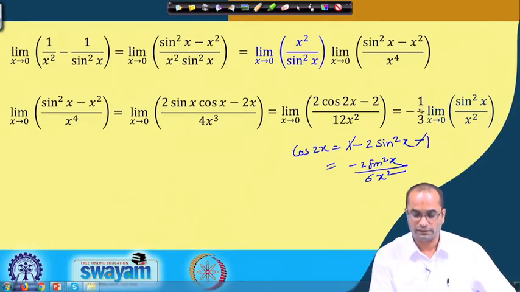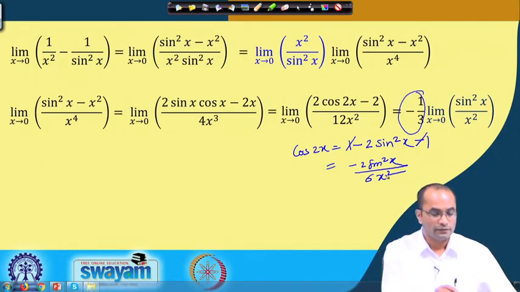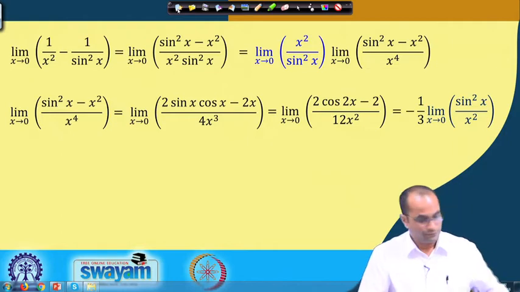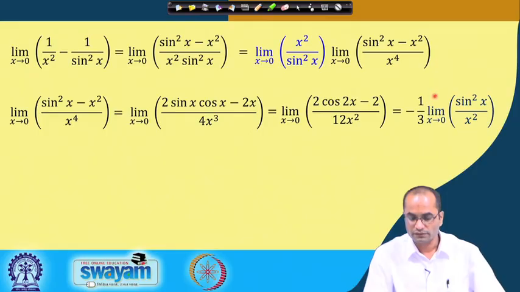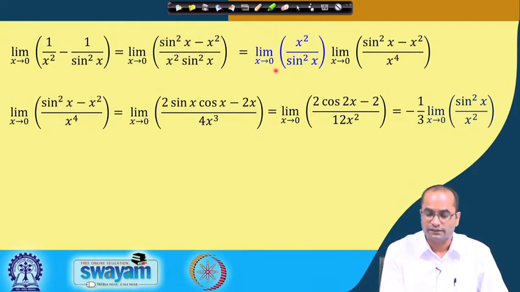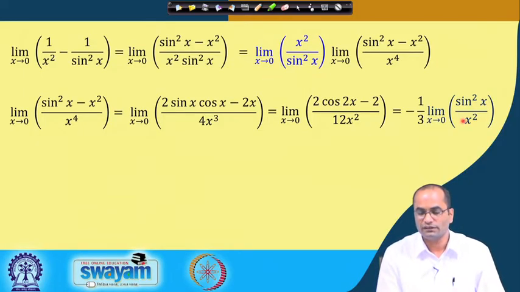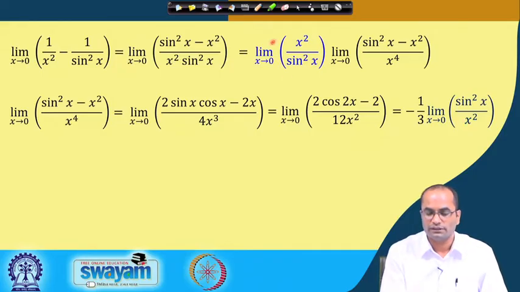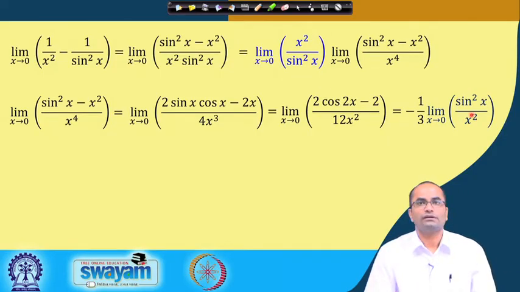So, minus 1 by 3, and then here we have the limit x goes to 0 sin square x over x square. And now, this limit x goes to 0 sin square x over x square is similar to what we have there, x square over sin square x, and we will see in a minute that both limits can be handled in a similar fashion.